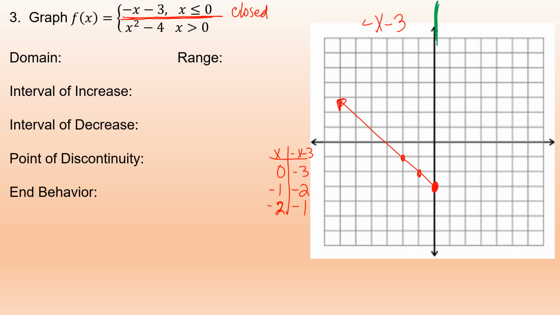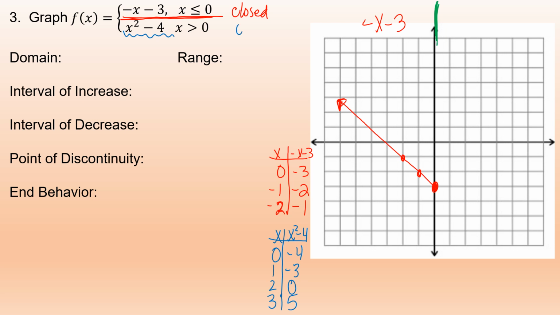Alrighty. Our next graph is x squared minus 4, where x is greater than 0. So I'm going to start at 0 and increase. Substitute a 0 and I'll get negative 4. A 1 will give me negative 3. A 2 would give me 0, and 3 squared is 9 minus 4 is 5.